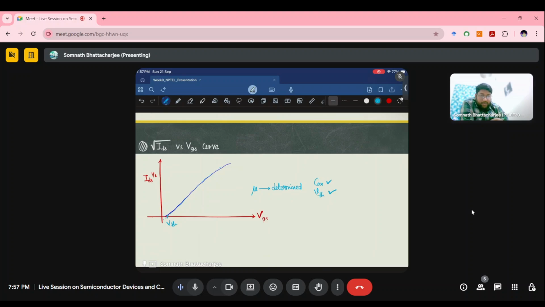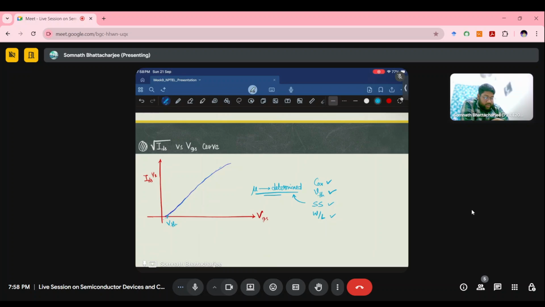So from this plot we already have the value of this subthreshold swing, and also we know the aspect ratio as well. Based on our design constraints and everything, we can directly get the value of W by L, and from that we can directly determine the value of mobility here as well.